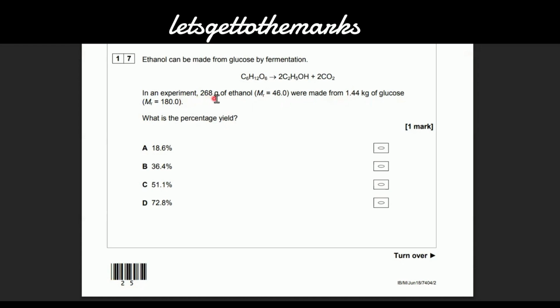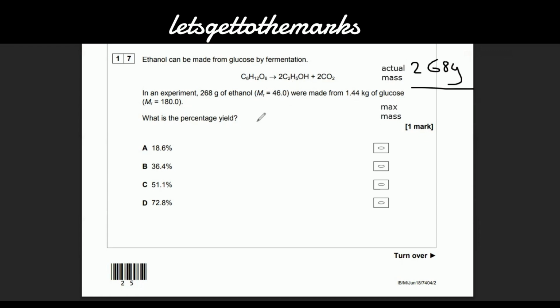In the experiment, 268 grams were made, so that is the actual mass. I want to divide that by the theoretical maximum mass and times by 100. To find the theoretical maximum mass, I have to work out how many moles of glucose I've got, and therefore how many moles of ethanol, and times that by 46.